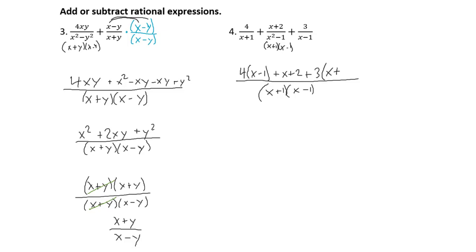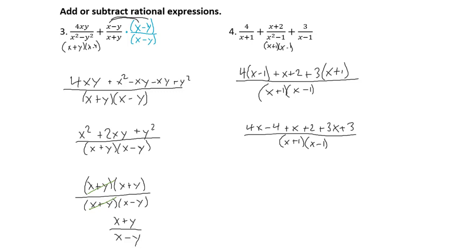And then let's simplify that, and it becomes 4x minus 4 plus x plus 2 plus 3x plus 3 all over x plus 1, x minus 1.